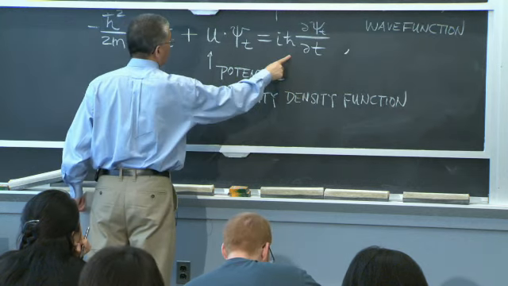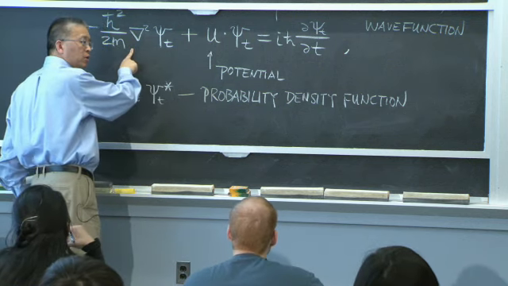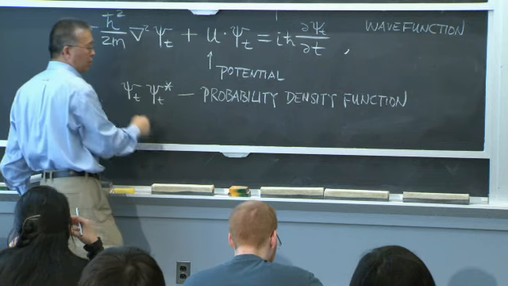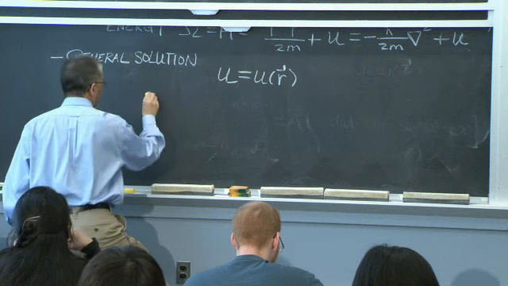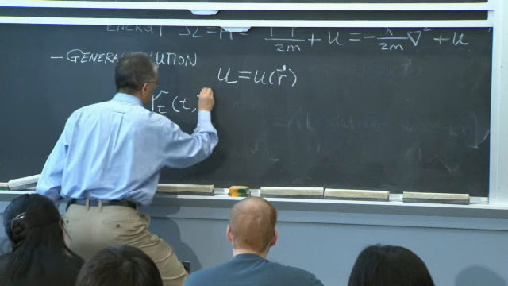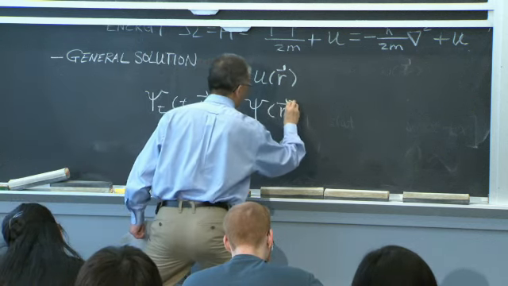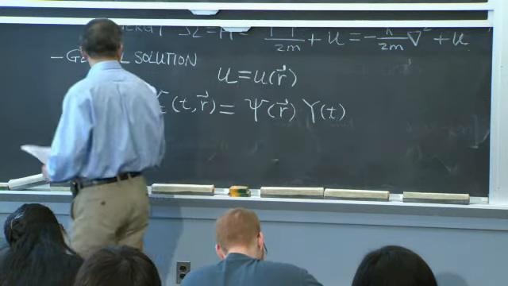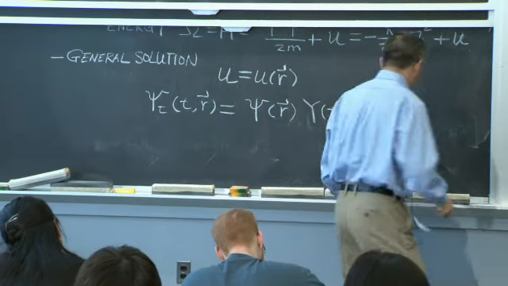you see this is time-dependent. This one is space. This one is space. So I can use separation of variables to separate the time and space parts. So in this case I'm going to write the wave function as a space function times a time function, and then we substitute into the equation.